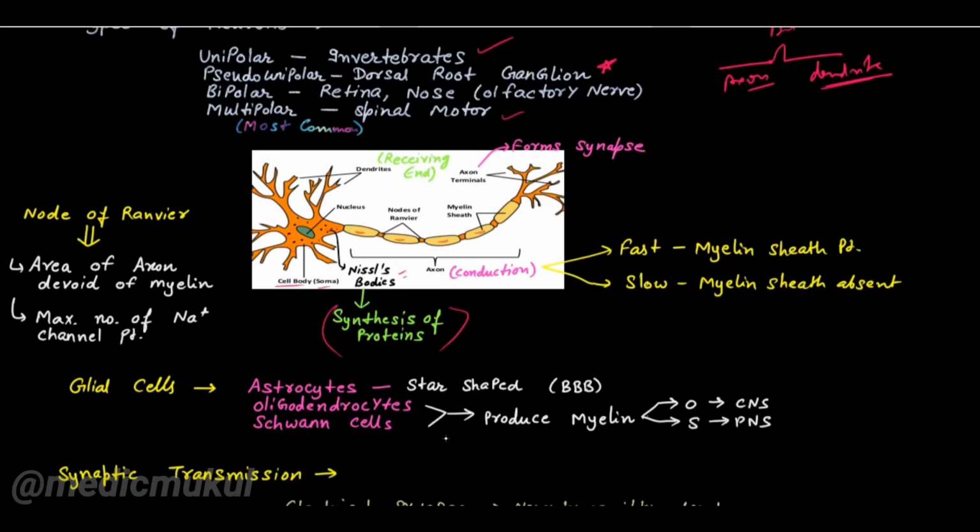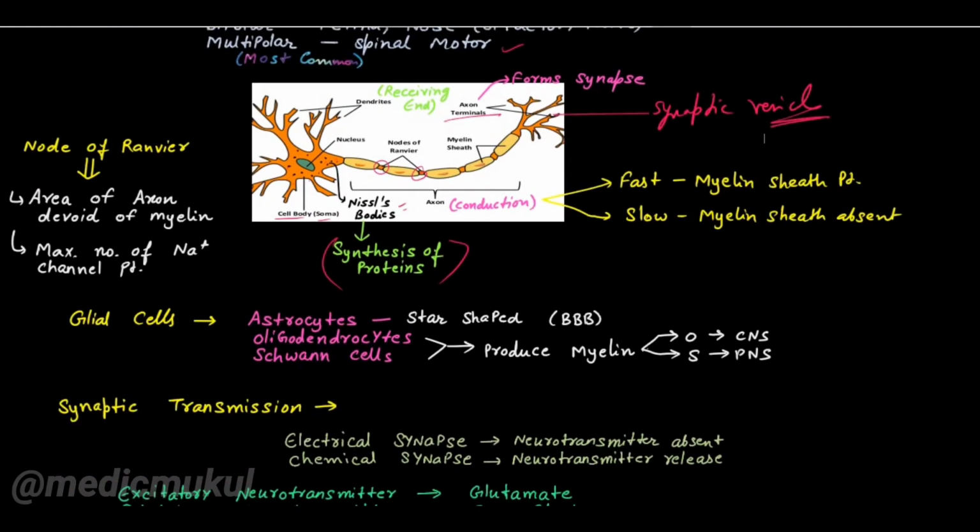Then we have the axon. Along the axon we have the nodes of Ranvier, then the myelin sheath and the axon terminal. In the axon terminal, synaptic vesicles are present. The nodes of Ranvier are areas of the axon devoid of myelin.